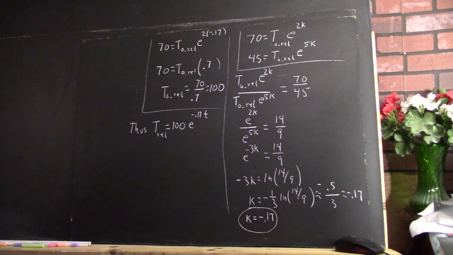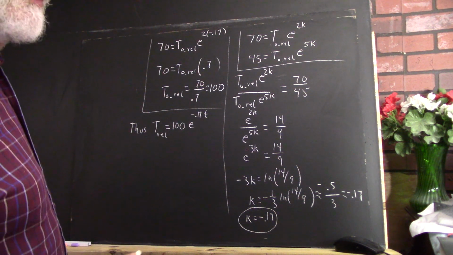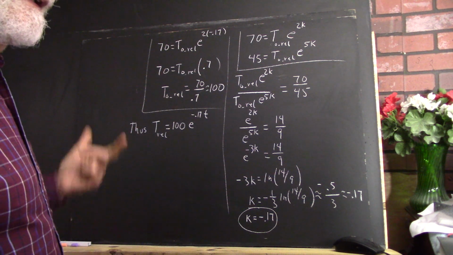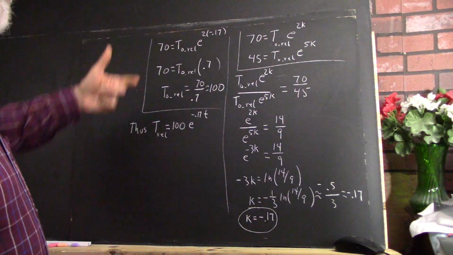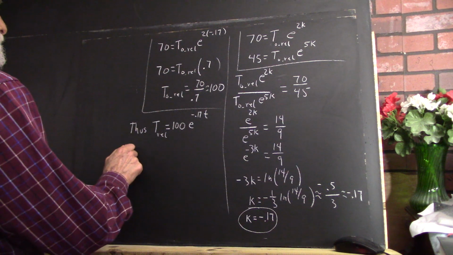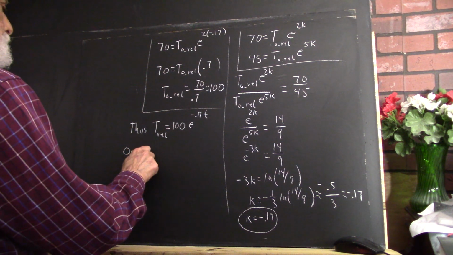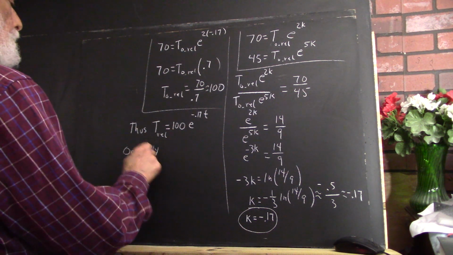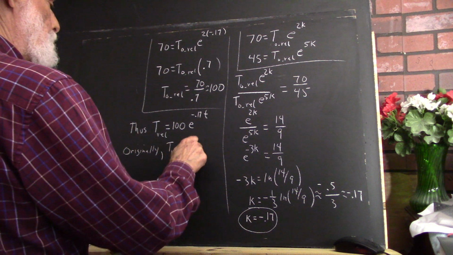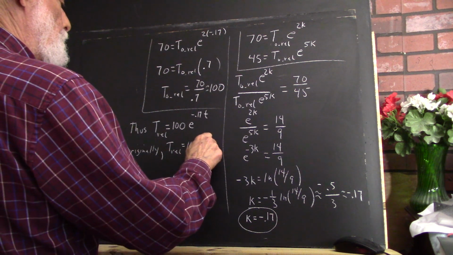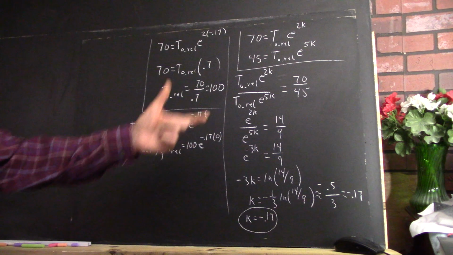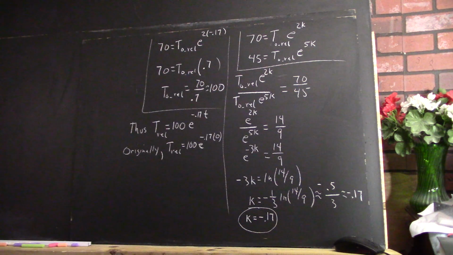So, what were our original questions? When is the temperature going to be 100? And what was the original temperature? Well, originally t was 0 when we took the thing out of the microwave.